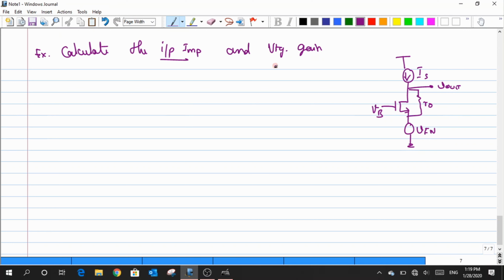Now what is the input impedance and what is the voltage gain? I have asked for input impedance, so I have replaced it with an ideal current source. What happens when I translate the current source into a small signal model? Yeah, it becomes an open circuit, okay?